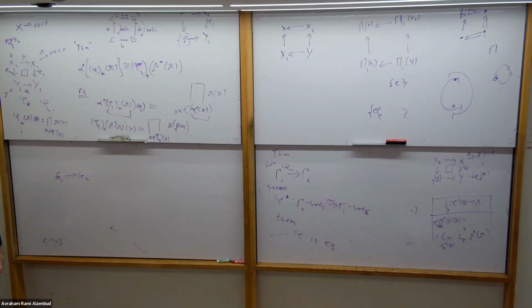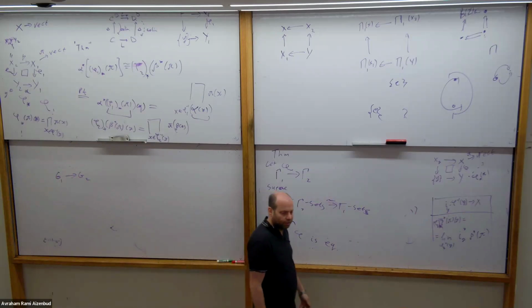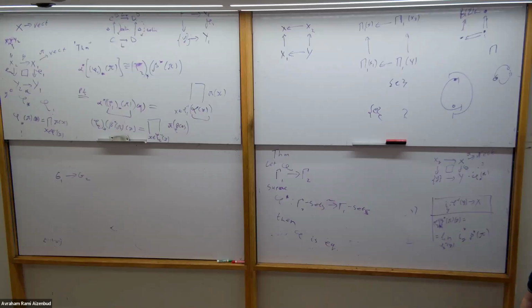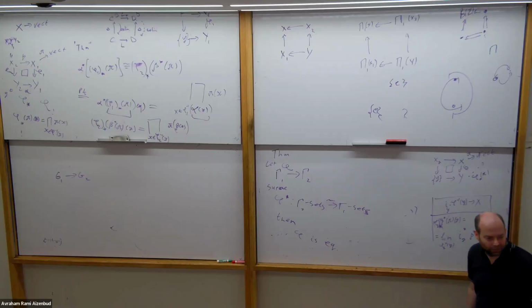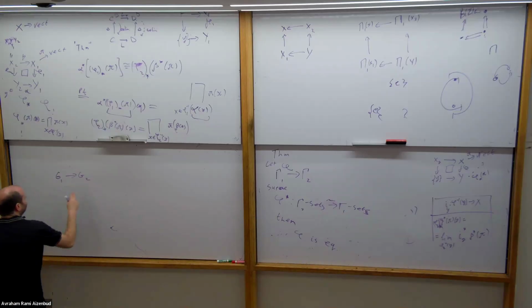If this map has a kernel, what does it mean? It means that we will not get all the representations of G1 when we pull back. We will get only the representations which are trivial on the kernel, which are not all the representations, because you can always construct a non-trivial G set. Like the regular G set is not trivial on the kernel, so we don't get it. So the map has to be one to one.